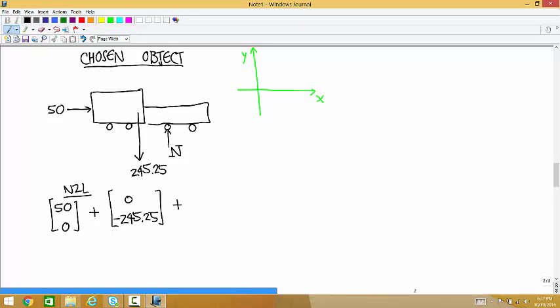That normal force is in the positive y direction, so 0, positive N. And all of those forces have to be equal to the total mass, 25, times the acceleration that we know is only going to happen along the x-axis, so a, 0.